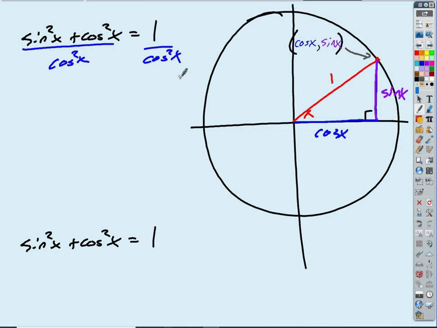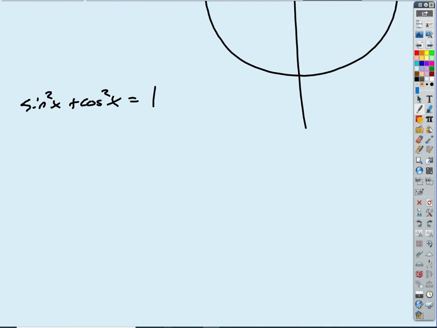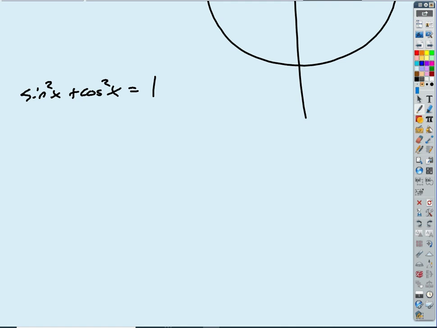If I split up this fraction, I'm going to get sine squared over cosine squared. It's tangent squared, right? And then cosine squared over cosine squared is 1. And then over here, I get secant squared. So there's another way of writing the Pythagorean trig identity that relates tangents and secants. That's useful, okay? Now I'm starting to understand it.